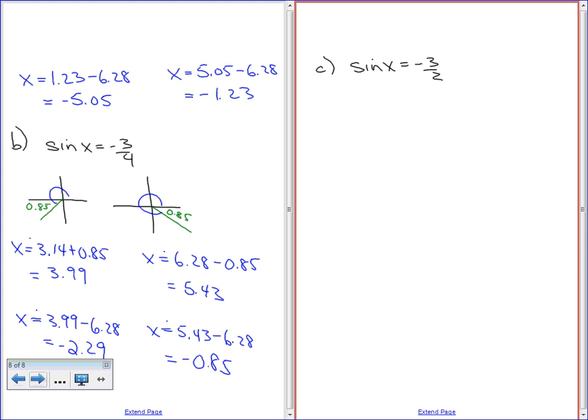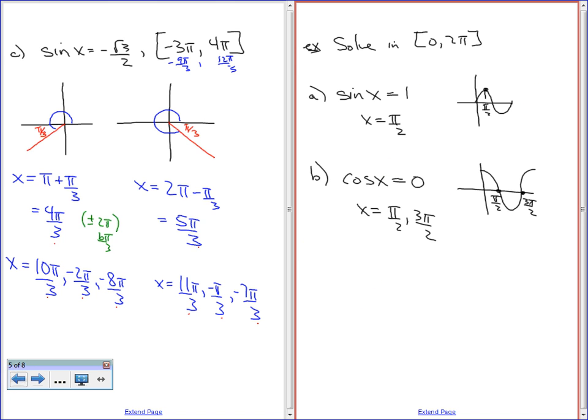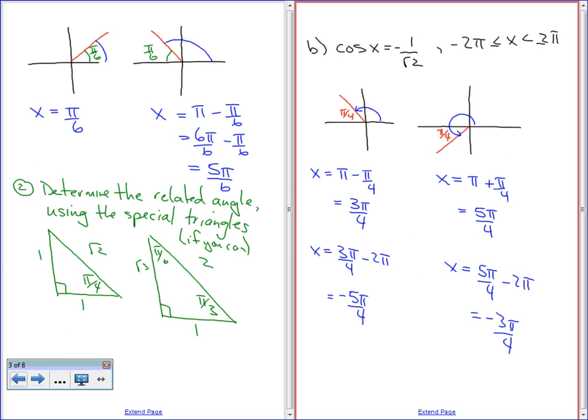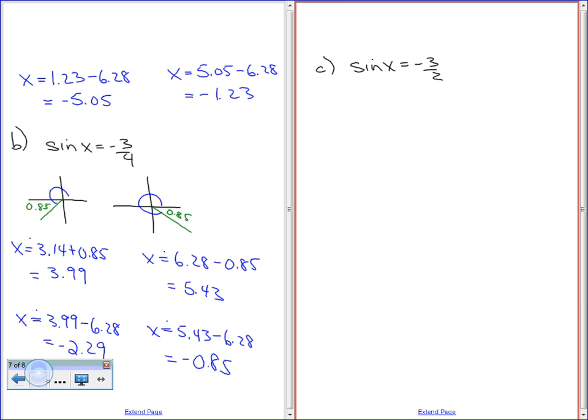Remember, you get the related angle either from the special triangles, these guys, or your calculator. We're going to get this guy from the calculator or the special triangles. Calculator, right? Because the side 3 is not in the special triangles. Figure it out on your calculator. What's the answer? Go back up.